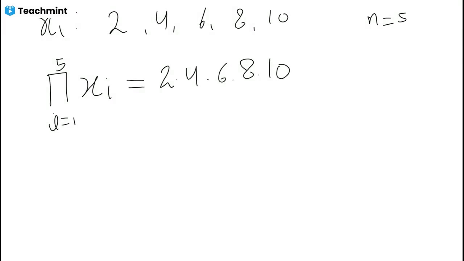Let us multiply them. So we have the product of all these values, 3840. If we multiply each term by a constant, like multiplying by 2 xi, what does it mean? Multiply each term by 2.